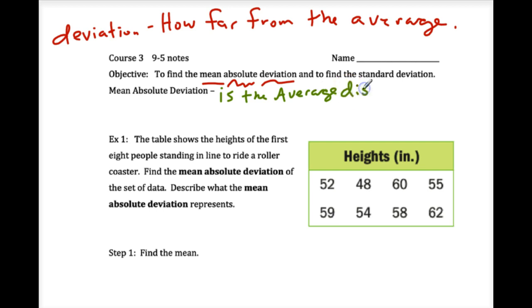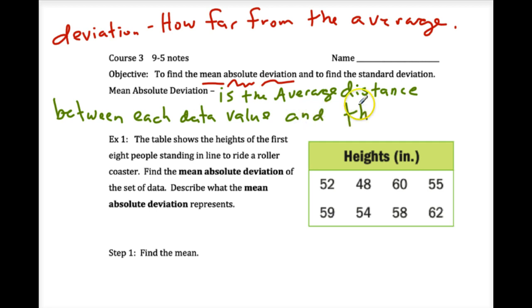It's the average distance. There's absolute value thrown in there. It's the average distance between each data value and the mean.